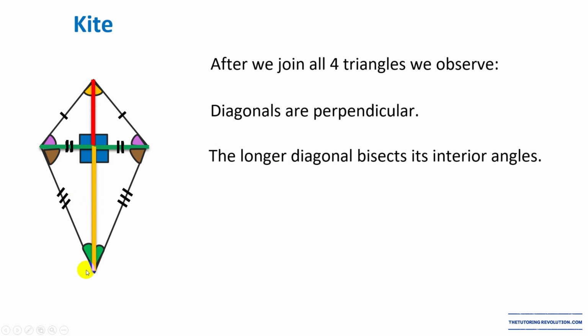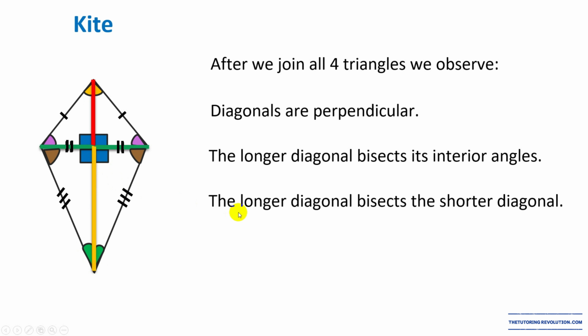Because this diagonal is cutting this angle in half. Same here, these two angles here are congruent to each other because this diagonal is cutting this angle in half. So the longer diagonal bisects this angle here and this angle here, separates them in half.